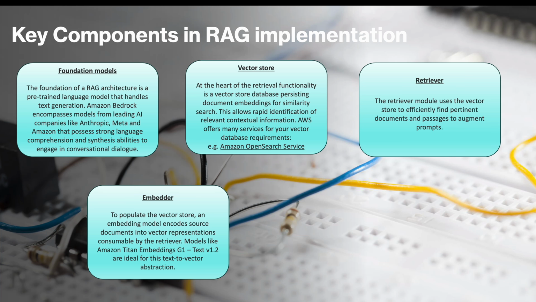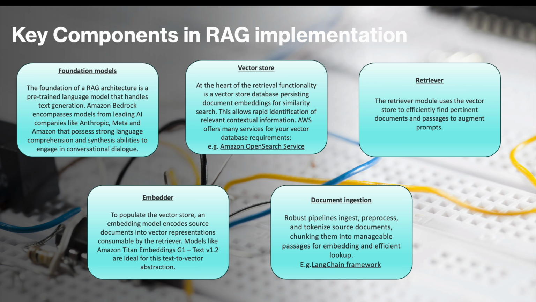Models like Amazon Titan Embedding G1, and this is the one we will be using during our demo. So the embedder will make sure that the PDF document is chunked into small chunks and stored in the vector store so that the retriever can retrieve it.